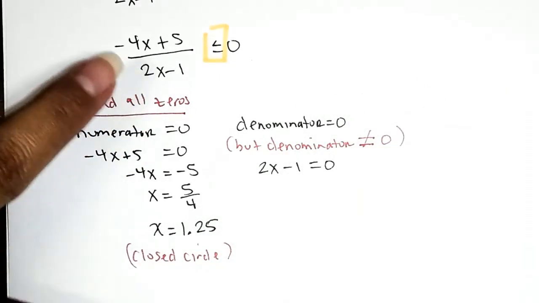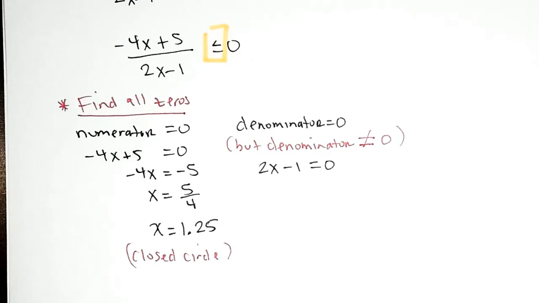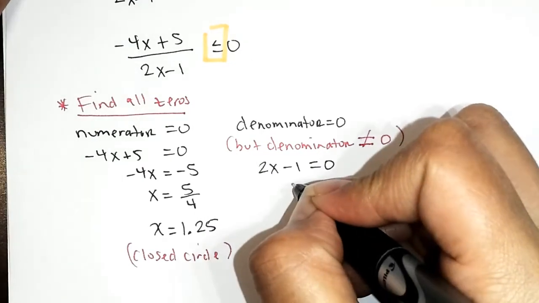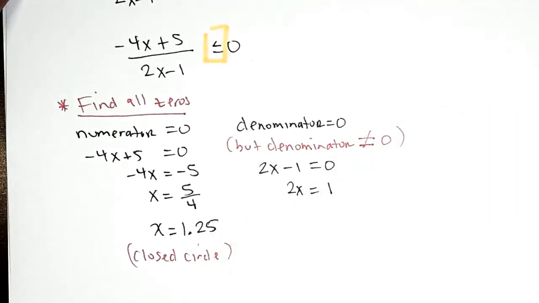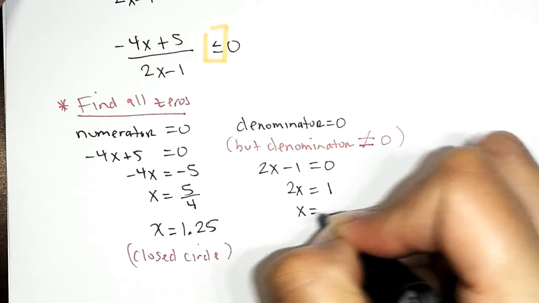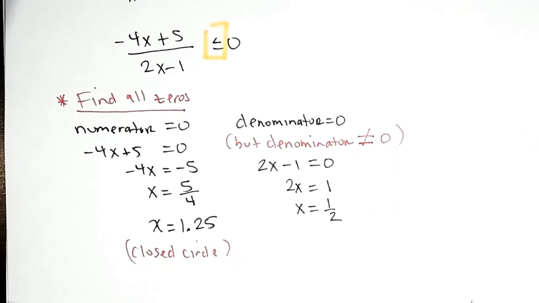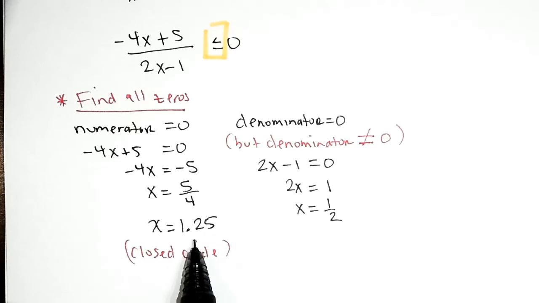So we want to find zeros of the numerator, zeros of the denominator. Alright, let's do this. When we add 1 to both sides, that will give us 2x equals 1. And after we divide both sides by 2, that will give us x equals 1/2. 1/2 is a pretty nice number, but if I went with a decimal here, I'm going to keep my notation consistent.